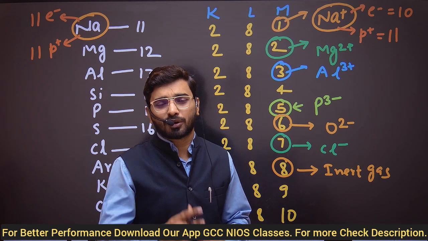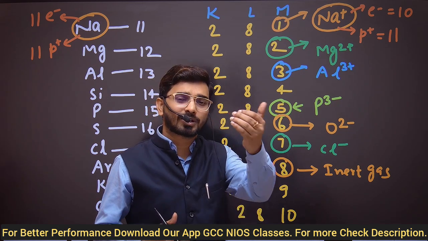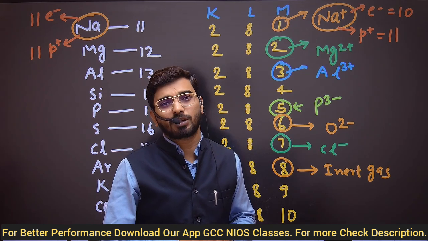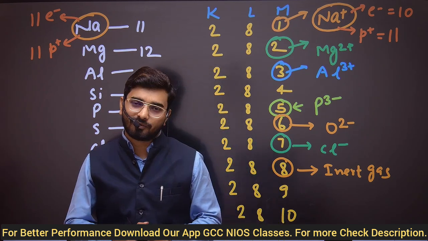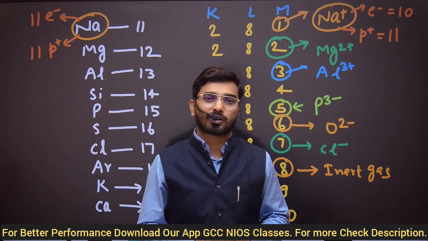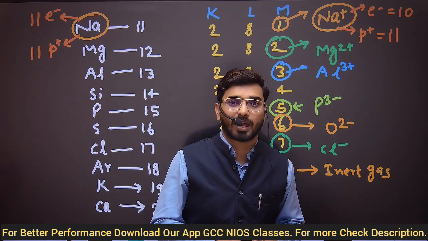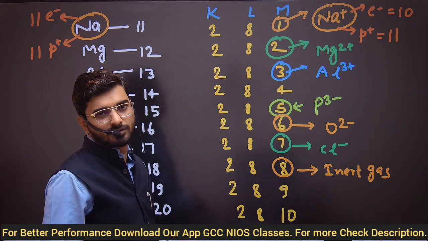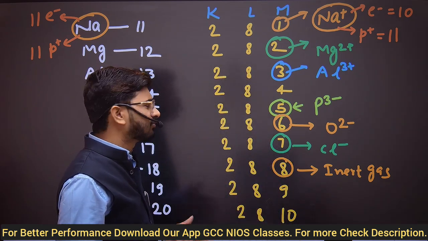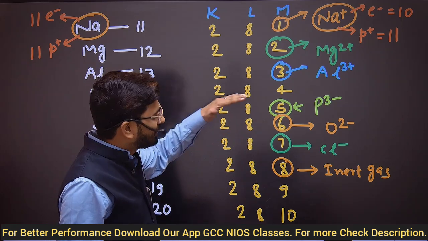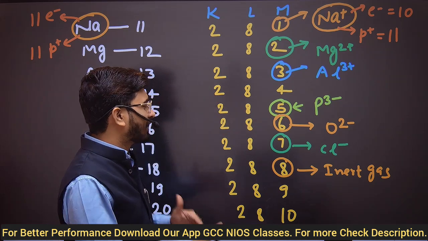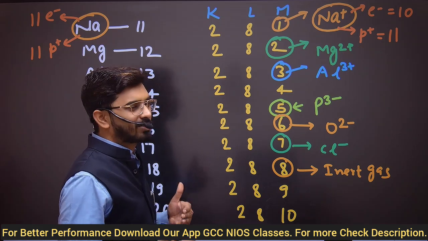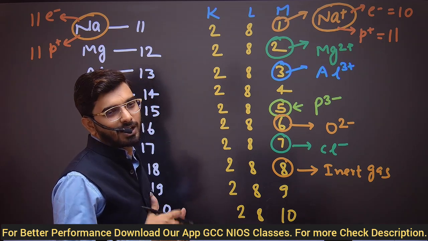Your actual electronic configuration will start when we study atomic structure, where we will describe s orbital, p orbital, d orbital, f orbital, and then the number of electrons. At that time it will describe the exact electronic configuration. These are simple, but if you don't know about this, don't worry, it's your standard. After learning these things, automatically you will be capable of understanding all the concepts of chemistry.